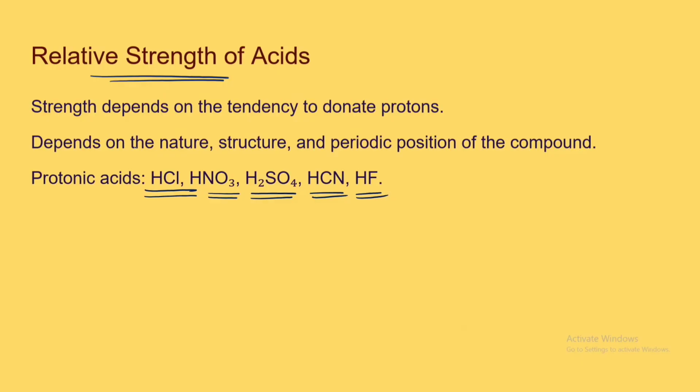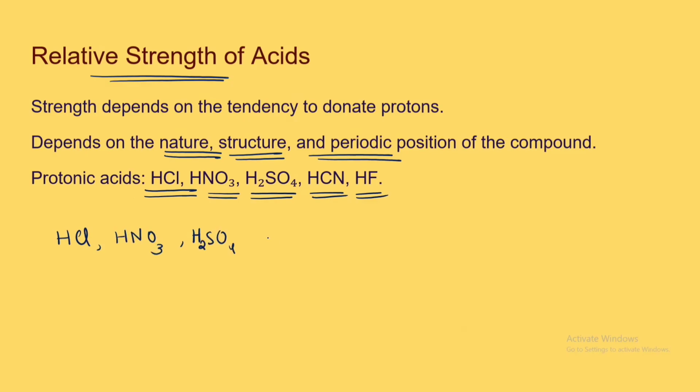Again, the strength depends upon various factors like nature, structure, as well as the periodic position of the compound. So which other atoms are present along with the H plus? Based on the position of these atoms, we can decide the relative strength of the various acids.